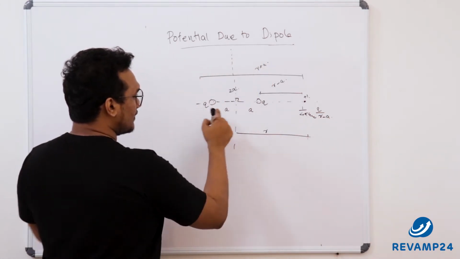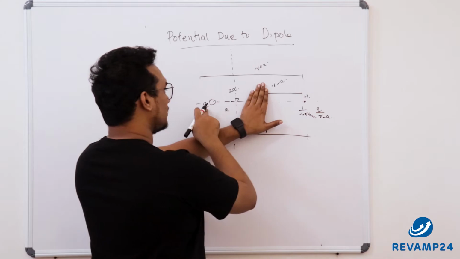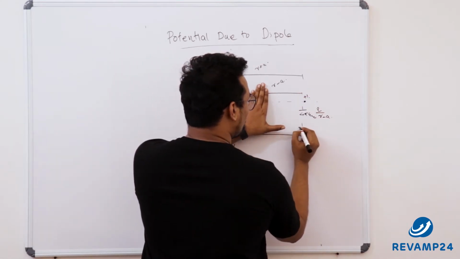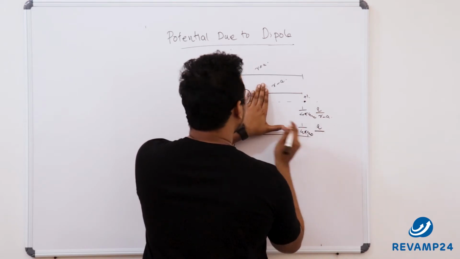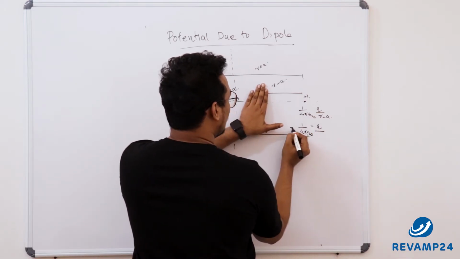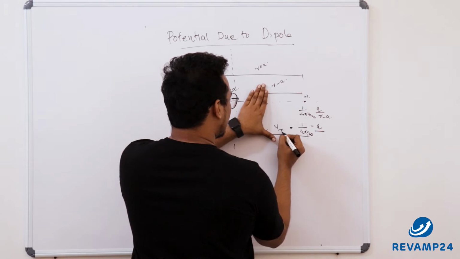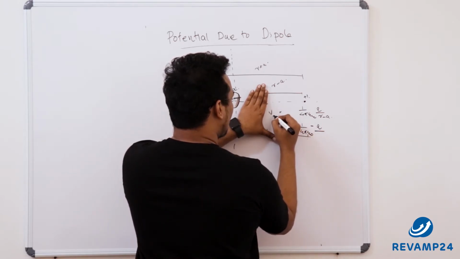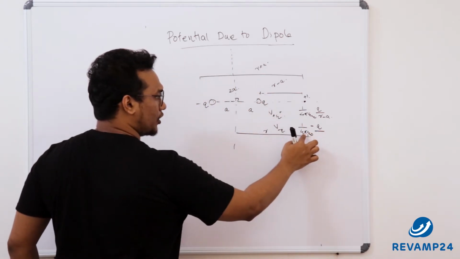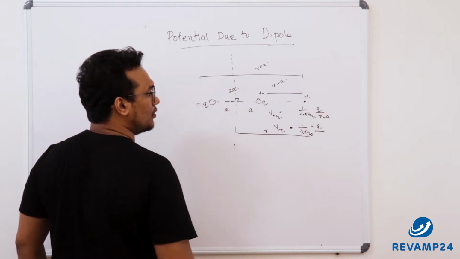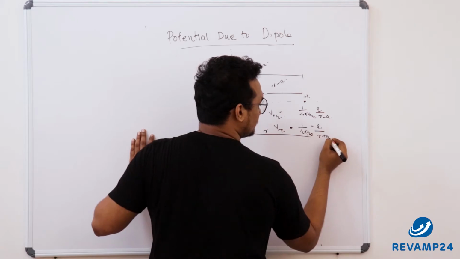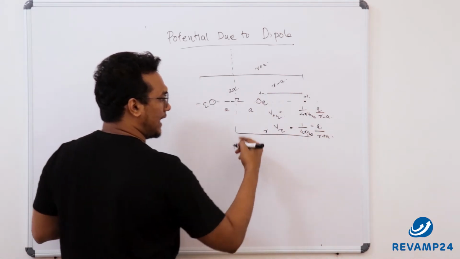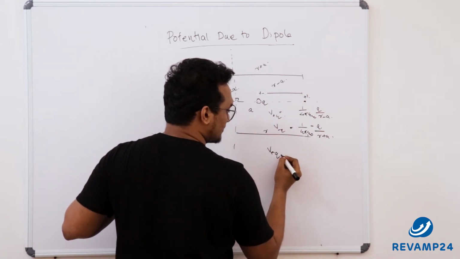And now ignore this. The potential due to the other charge will be 1 by 4 pi epsilon 0, here it will be minus q because that is due to a negative charge, this is due to a positive charge. So 1 by 4 pi epsilon 0 minus q divided by, what is the distance between them? r plus a. Now what is the net potential? Add both of them because these are scalars.